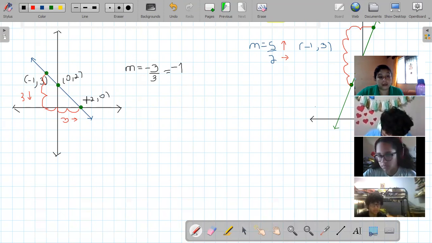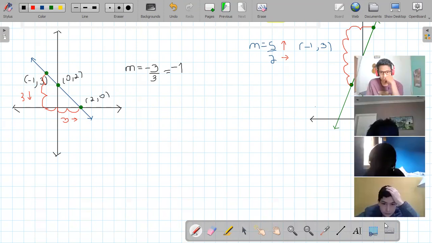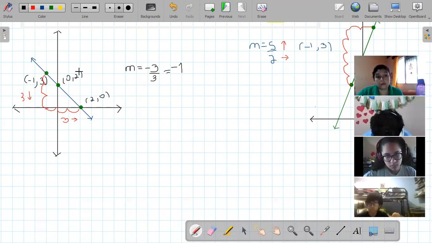Since I have 2 given points, I pick whichever point I want to write my equation, okay? Which point do you want us to use? This one or this one? Which one do you want us to use? -1, okay. (-1, 3).